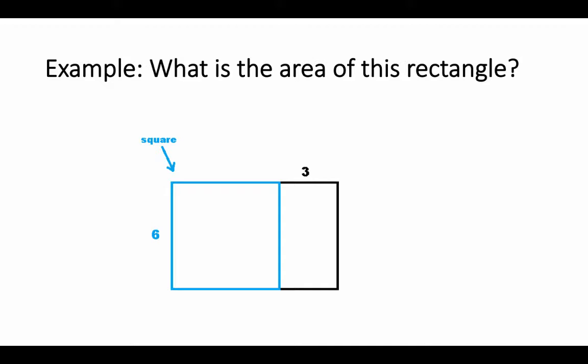When I wrote 6 plus 3, that was the length of the rectangle. 6 is the height of the rectangle. 6 plus 3, that's the length of the square. And this is the length of the black rectangle.